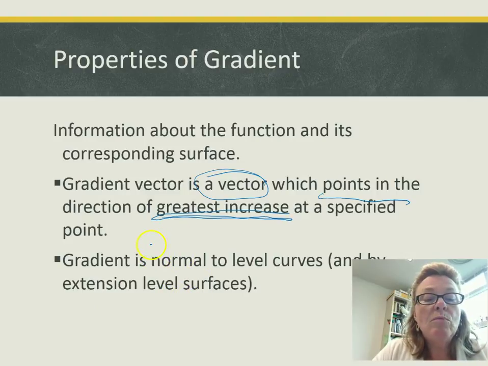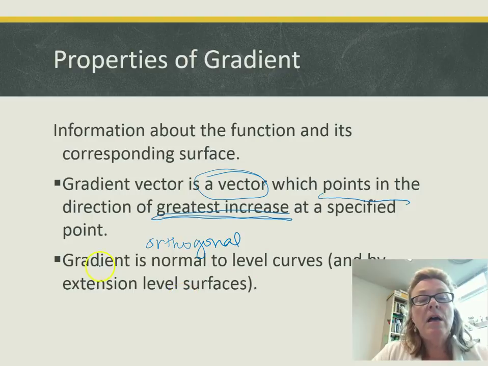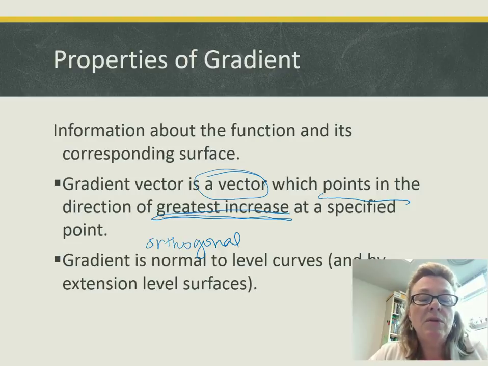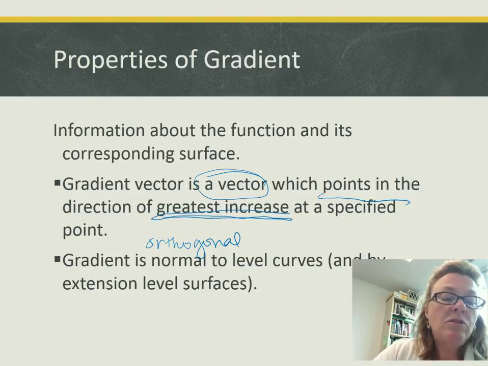Remember, normal is that idea of being orthogonal or perpendicular. Those are going to be important properties as we move forward in the class. These two properties are really important, and we will be talking about other properties as we continue our discussion of directional derivatives.